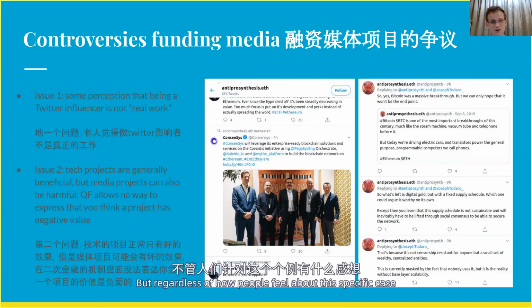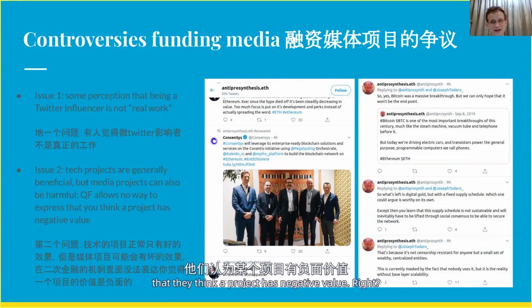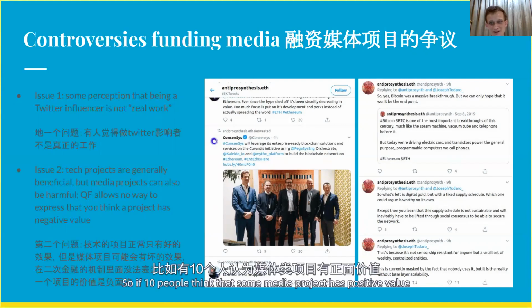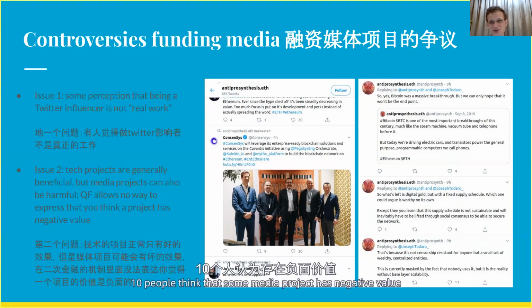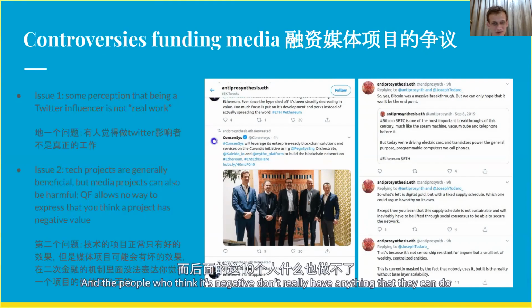But regardless of how people feel about this specific case, at the higher level, there is this problem that quadratic funding does not allow a way for people to express that they think a project has negative value. So if 10 people think that some media project has positive value, and 10 people think that it has negative value, then with quadratic funding, the 10 people who think it's positive will contribute, and the people who think it's negative don't really have anything that they can do.